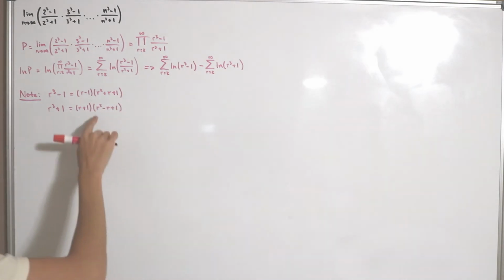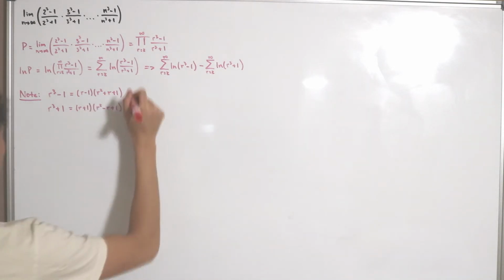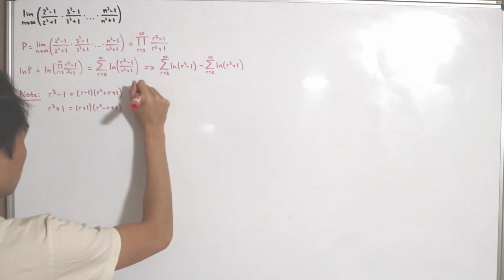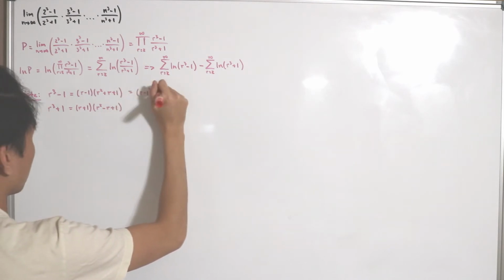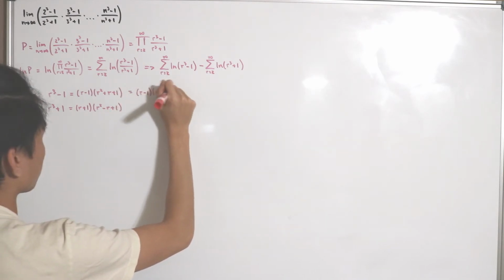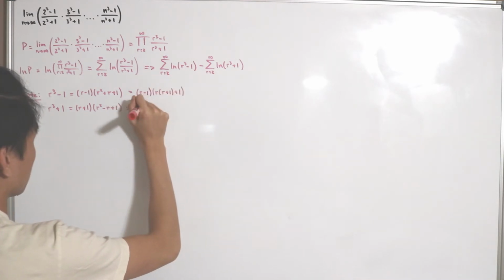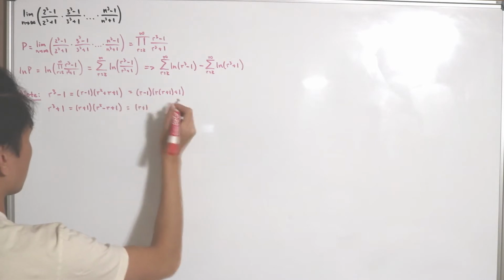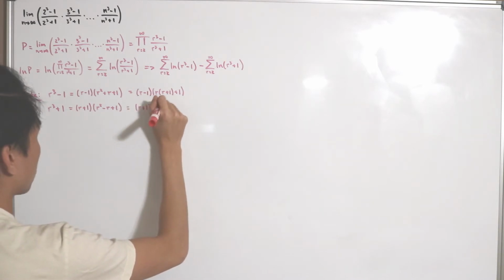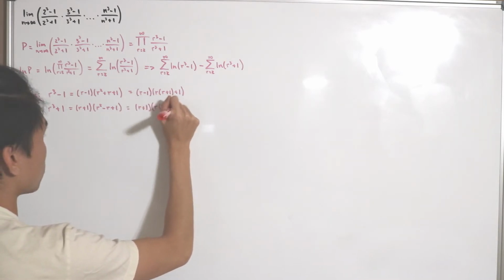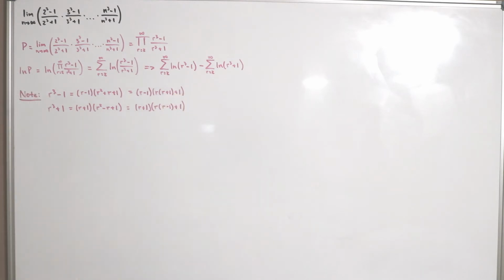I can factor out the r from the quadratics, so we get (r minus 1) times r(r plus 1) plus 1, and then the same thing before: this is a plus right here, and this is r(r minus 1) plus 1. Okay, nice. So far so good.